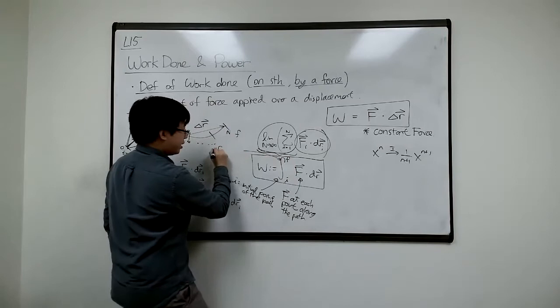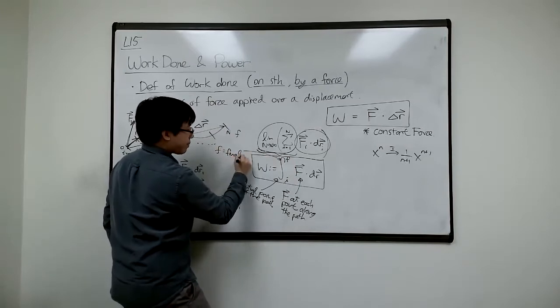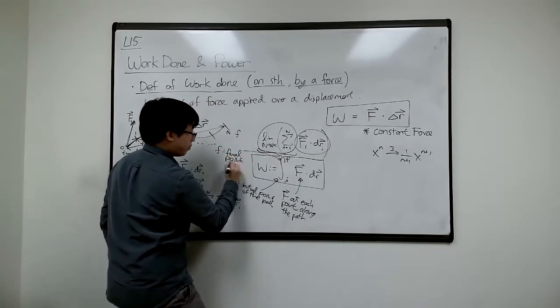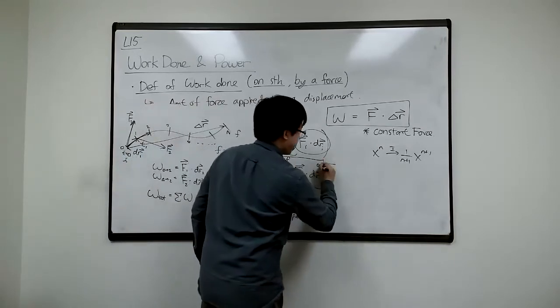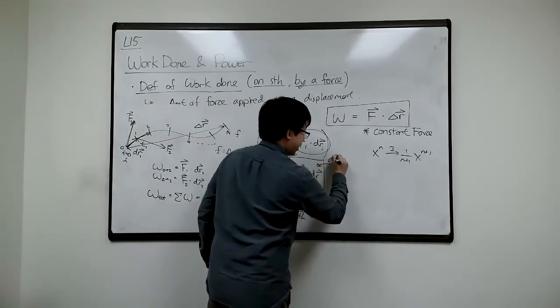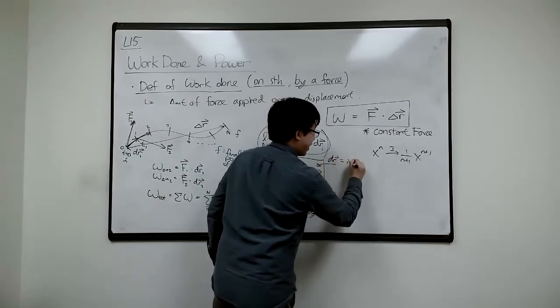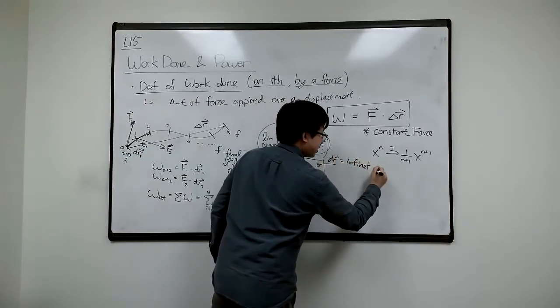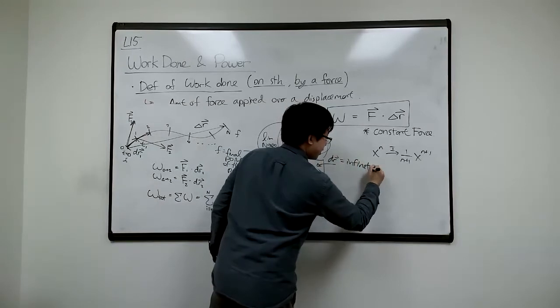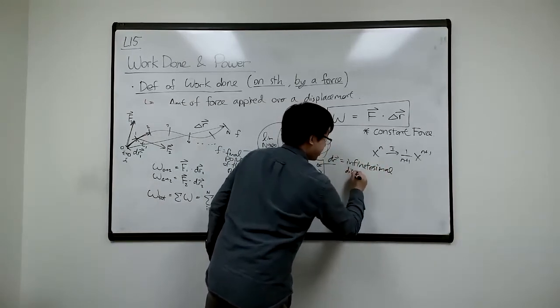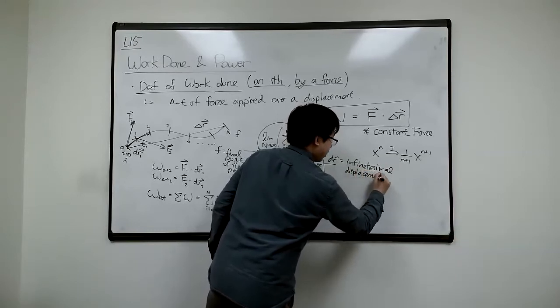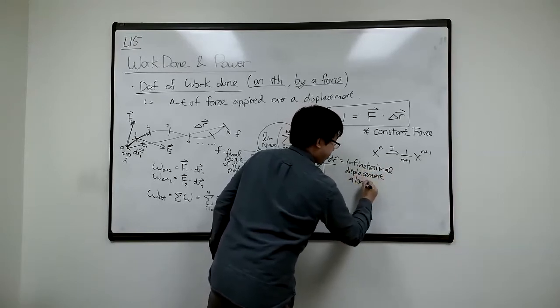F is the final point of the path. And dr is an infinitesimal displacement along the path.